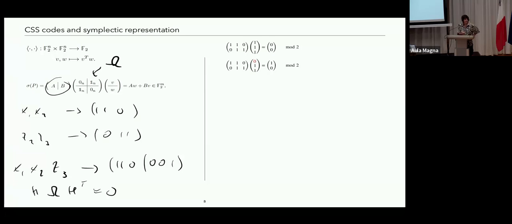And this is actually very similar to what happens in classical error correction, where linear binary codes are defined as parity check matrices. So does anyone know what code this parity check matrix is in classical error correction?